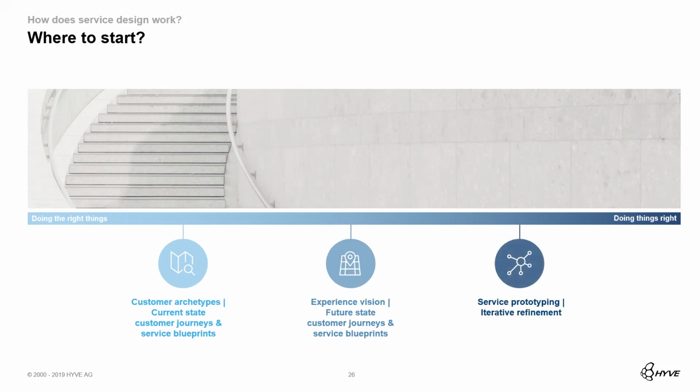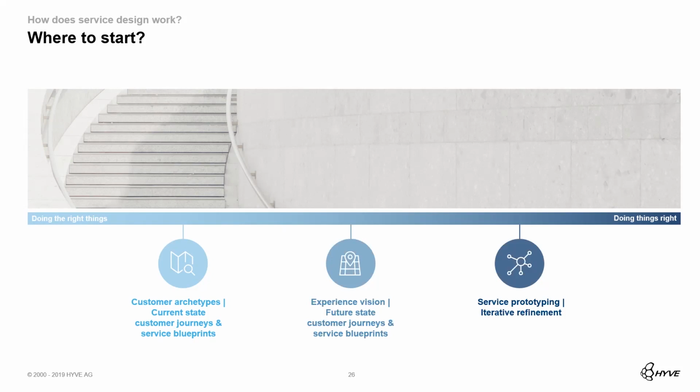Another thing that can be done is service prototyping and then iterative refinement, because service design is a lot about doing and getting things really hands-on. So even if there are ideas that appeared in these two initiatives that I just described, it's really important to prototype the idea if it is already there, and also test it with the users to get early feedback.